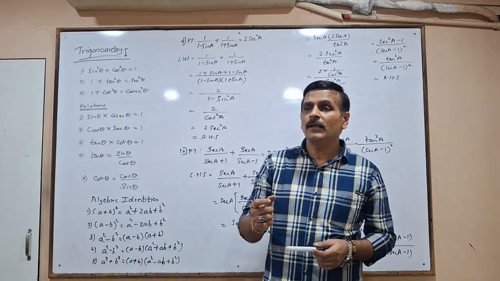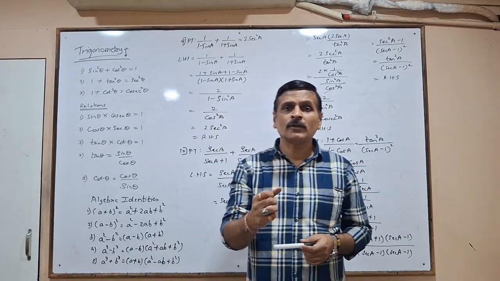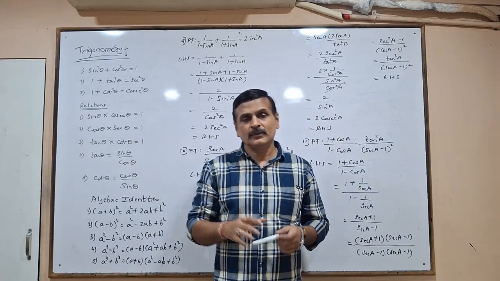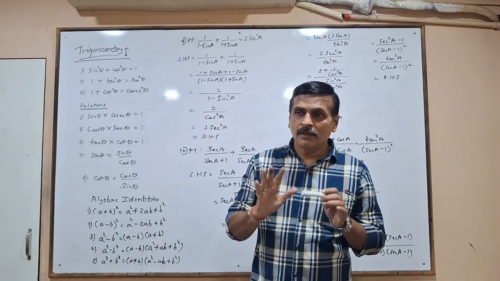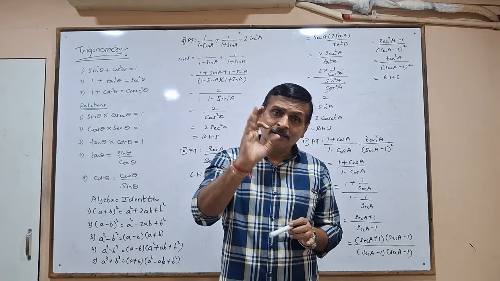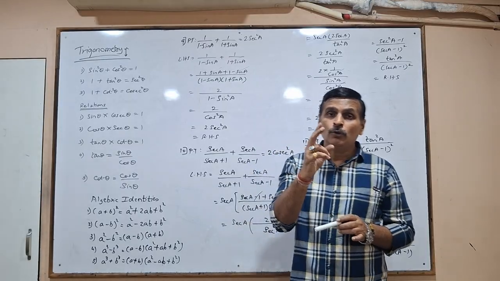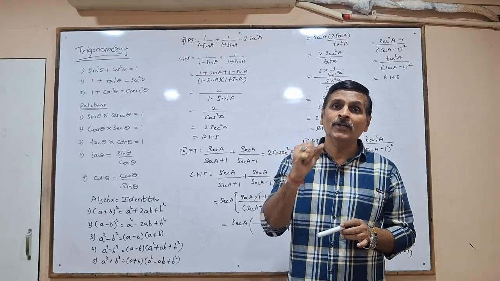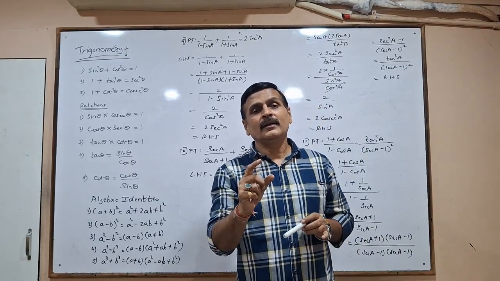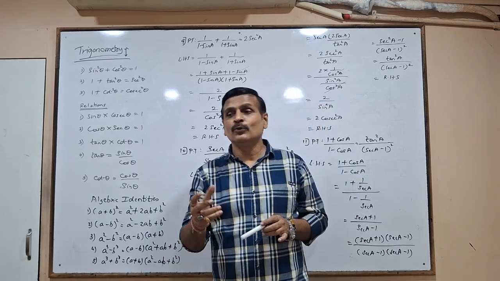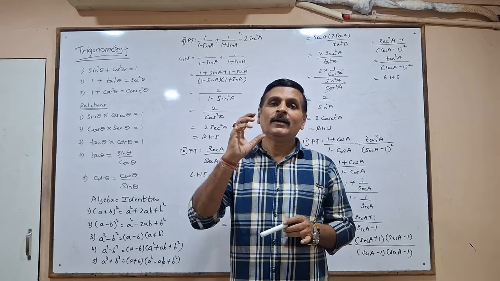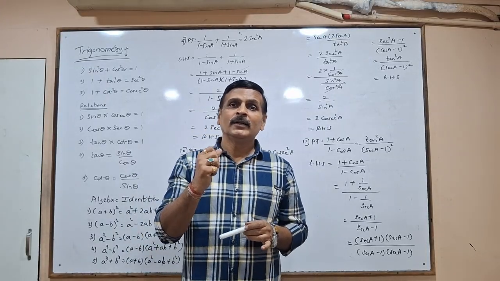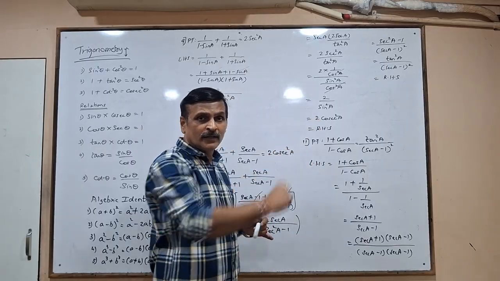Secondly, we should choose a method which will not take more steps to reach the desired result. And very importantly, third thing, don't apply wrong identities and wrong relations, because then it's very difficult to find your own mistake, and you will not be able to analyze where you have gone wrong and what is stopping you from getting the correct answer.